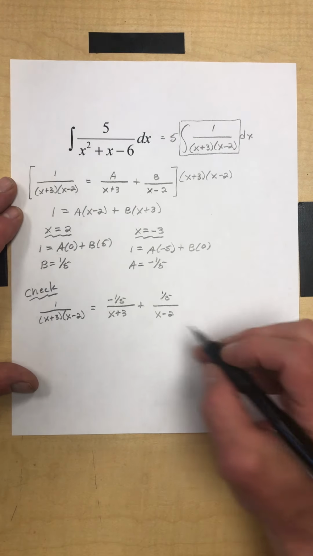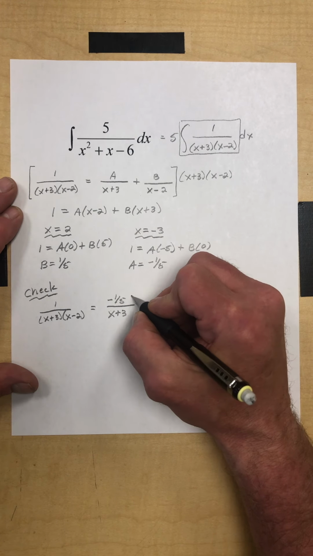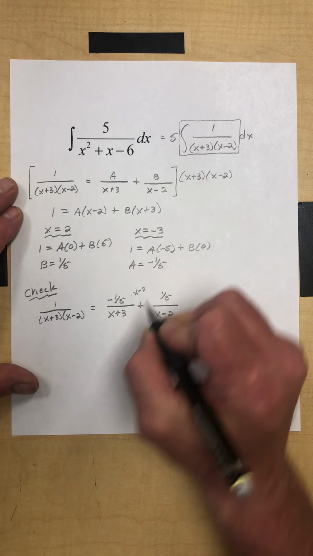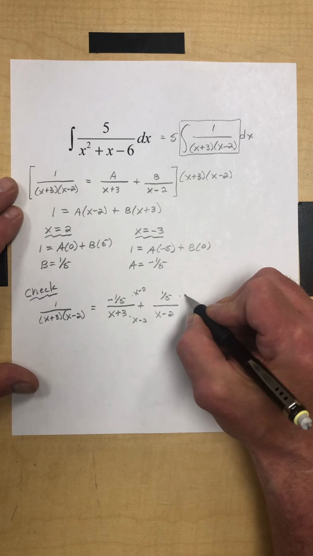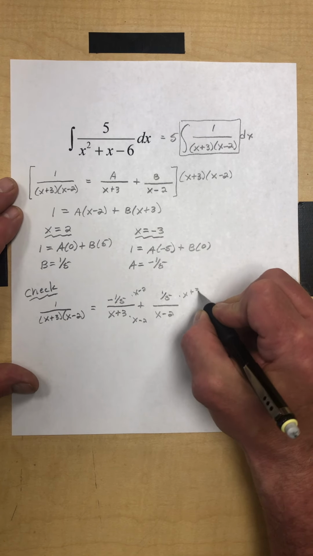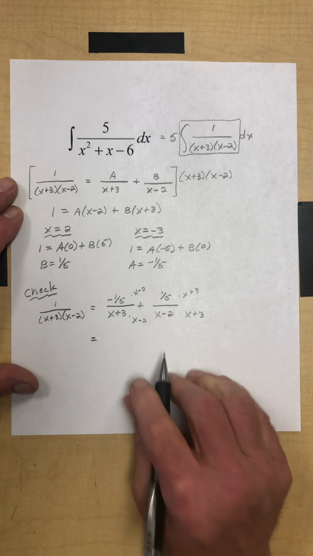So right here, I'm going to have to multiply above and below by x minus 2, and right here I'd have to multiply by x plus 3. Okay, so let's see what happens here.